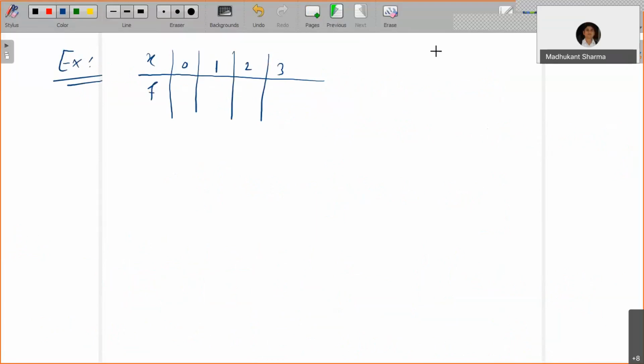Let's say f of x is equal to 2x. It's a linear polynomial. So that is 0, 2, 4, 6. And integration of 0 to 3 f of x dx analytically will be x square, that is 9, the analytical solution.